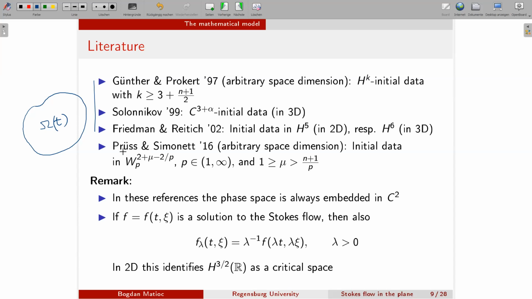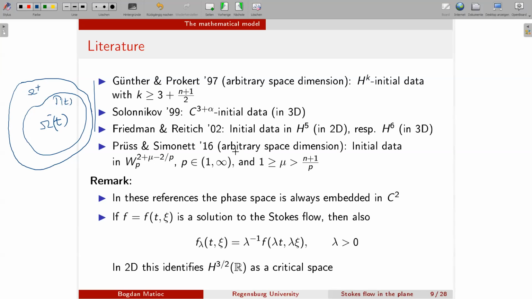And Prüss and Simonett, in their recent monograph, consider the 2-phase problem where they have an additional fluid which is surrounding this one. So let's say this is omega minus and this is omega plus. The exterior boundary is fixed and only gamma t is a boundary in between.